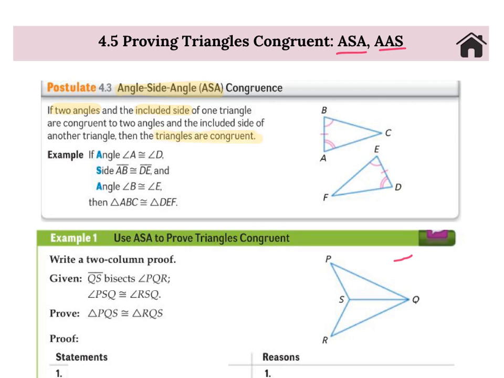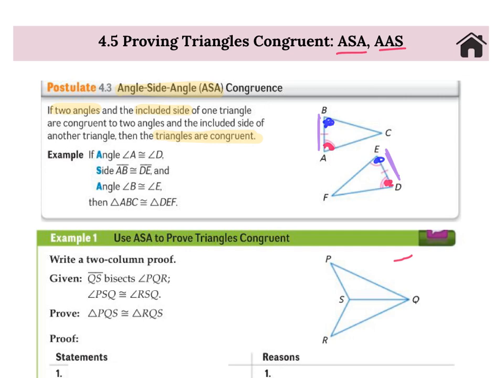So what that looks like, we have angle A is congruent to angle D. We can tell by the two arcs. Side AB right here is congruent to DE, and angle B is congruent to angle E. So again, angle A is congruent to D, B is congruent to E, and then this side right here, AB, is congruent to DE.